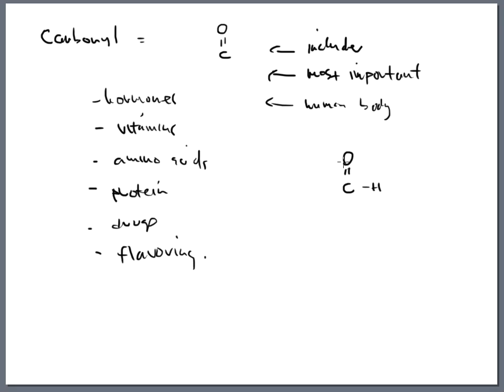We talked about a C double bond O with an H. Okay, we called this an aldehyde. And remember, we said that if we have a C to an OH bond and then a double bond to a carbon, this is called an enol because of the double bond and the alcohol group. Well, we said enols were not very stable, and enols will rearrange on themselves.